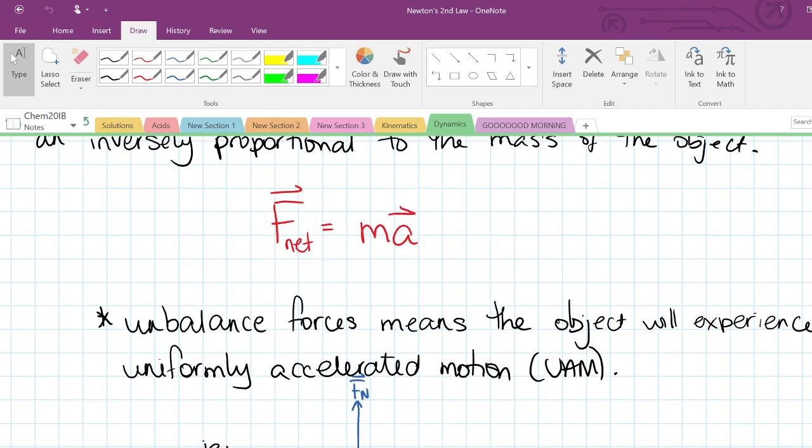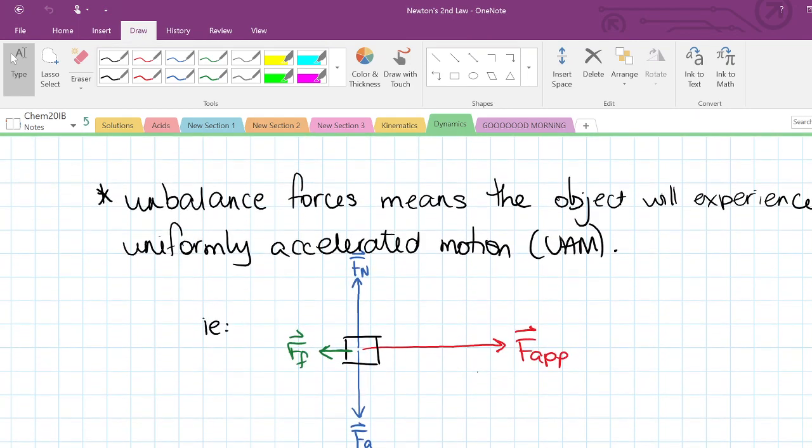So I've got an example here for you, and this is actually very similar to the example of the hockey puck that we did together in class, where we've got an unbalanced system of forces here in the horizontal direction. And just by looking at this, because I can see that my force applied is so much larger in magnitude than my force of friction, I know that this object must be accelerating toward the right.